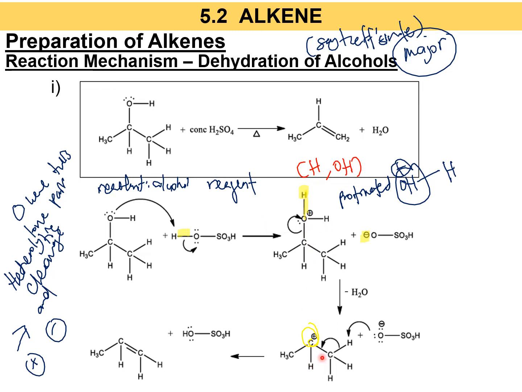So once ni dah jadi carbocation, the next step is you need to ambil anion OSO3H ni. And then you have to keluarkan the lone pair here. Sebab bila you nak buat heterolytic cleavage ni, nak buat arrow, you have to show source of electron tu from where.